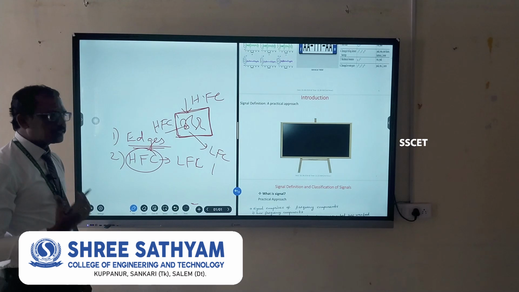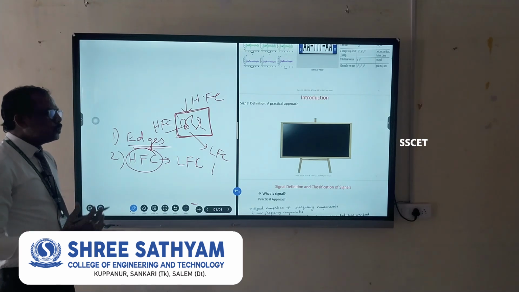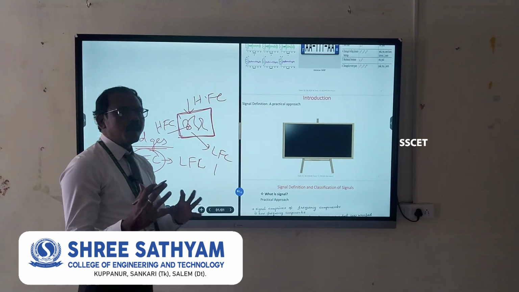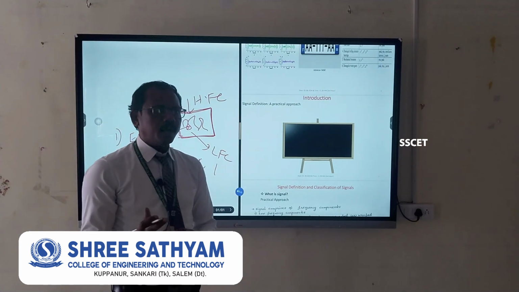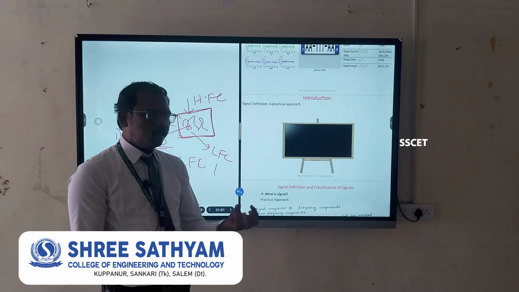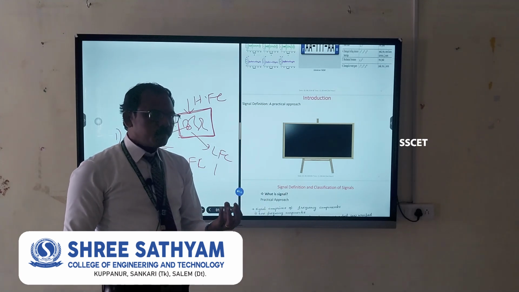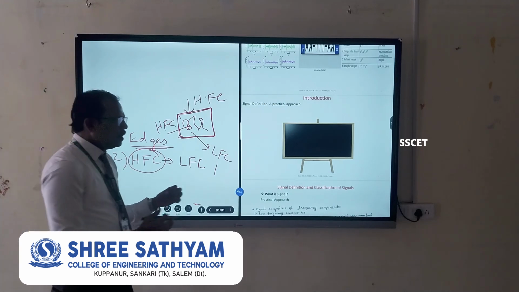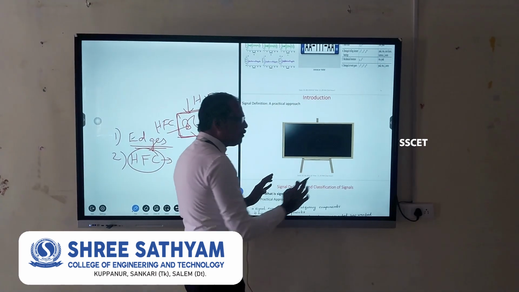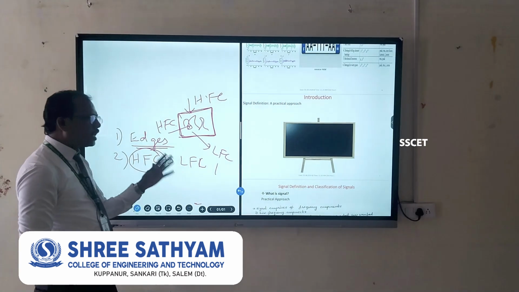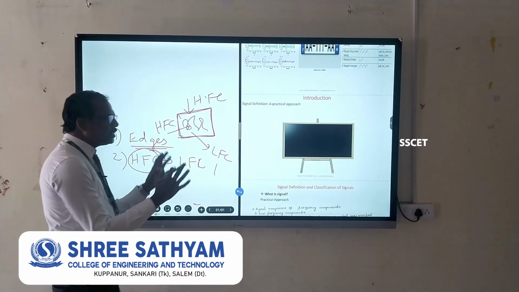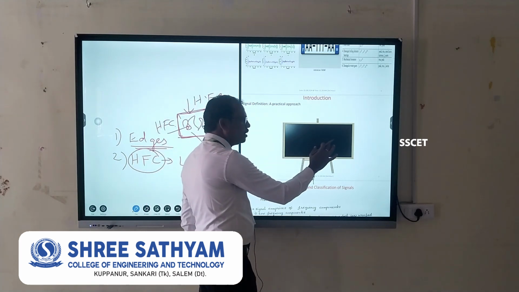As an electronics and communication engineer, you should concentrate on how to eliminate or remove noise, or how to avoid it, or how to extract our original or required frequency component from a signal. I said a signal comprises both high frequency component and low frequency component. The low frequency component always carries original information.